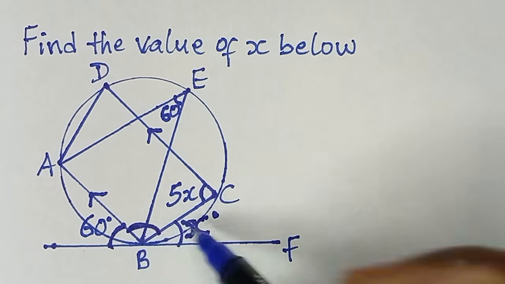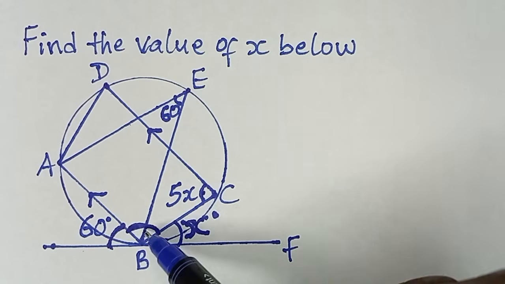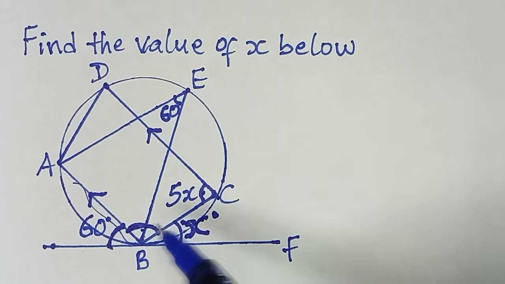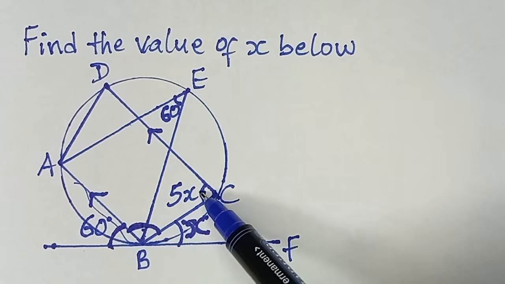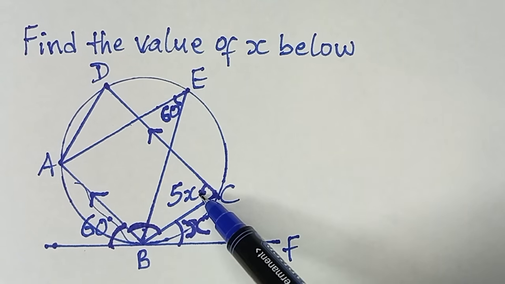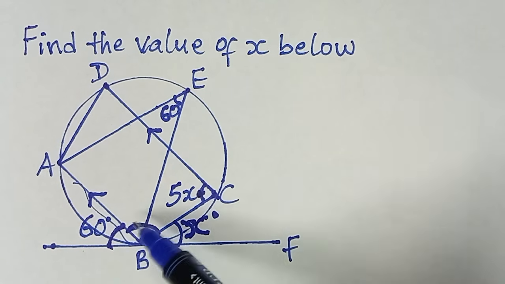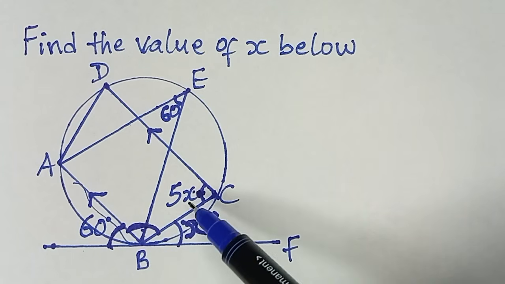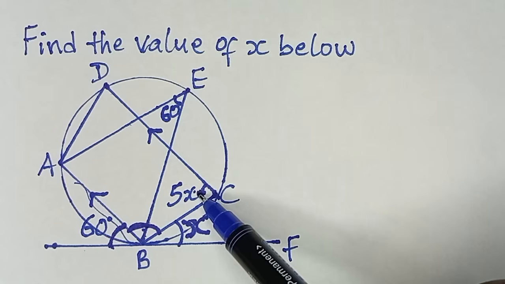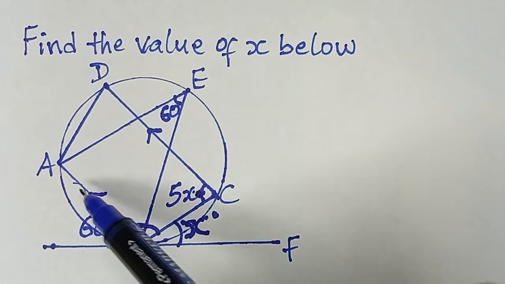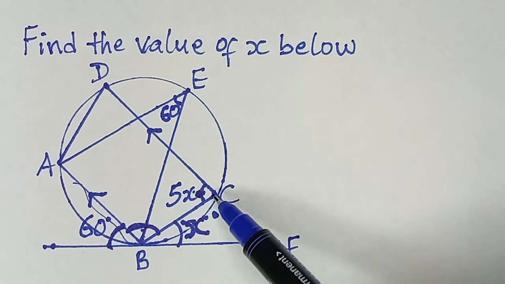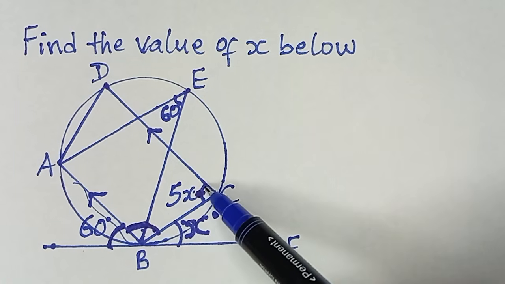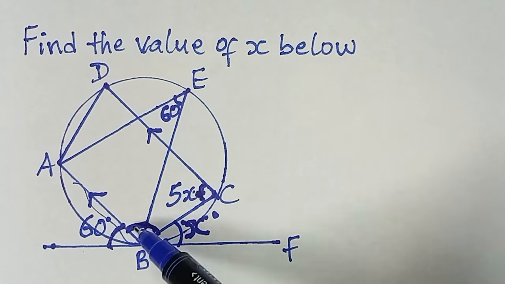When you have two angles like this between two parallel lines, what should come to your mind is that the sum of the two angles add up to 180. So you can say co-interior angles add up to 180 degrees. Anytime you have two parallel lines like this, take note of that theorem.